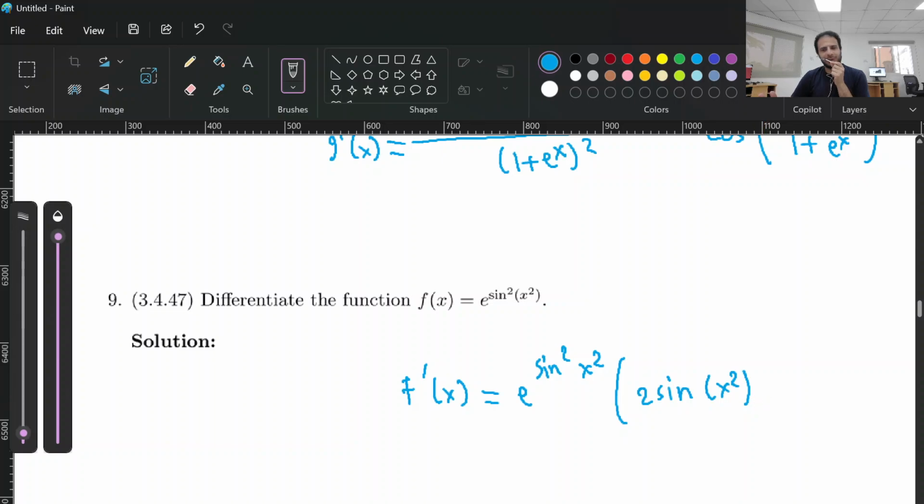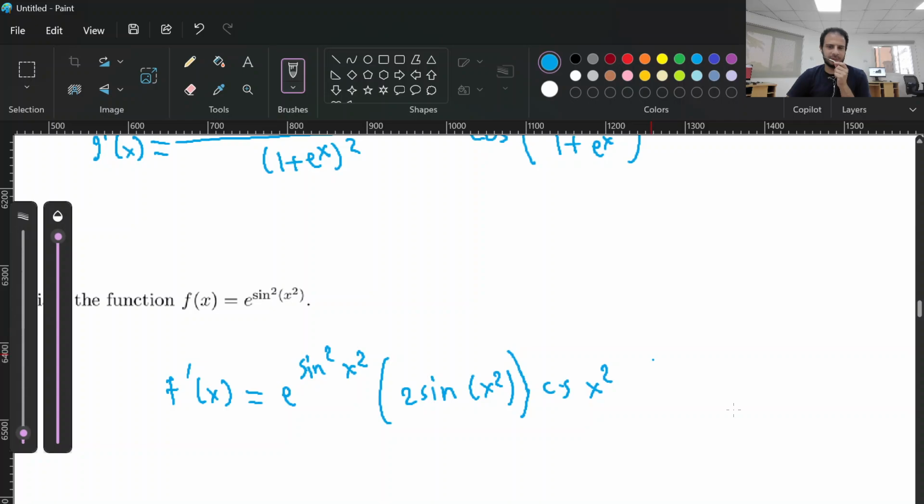You need to be careful. It's sine, right? So you have cosine x squared. Then what's the inner now? x squared. What's the derivative of x squared? It's good like this, right?